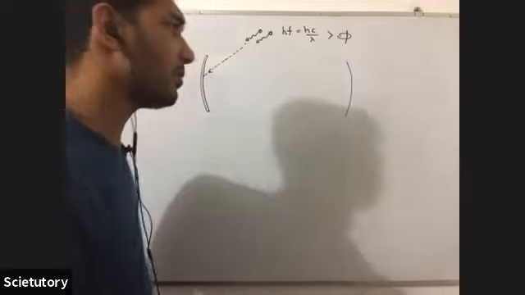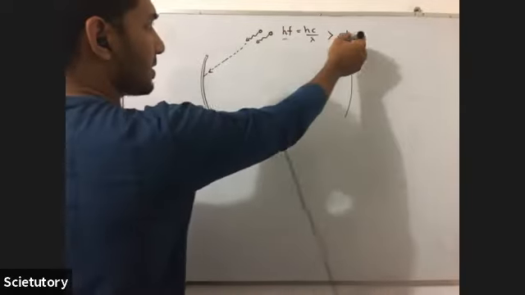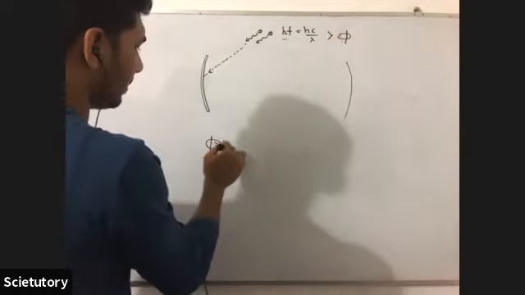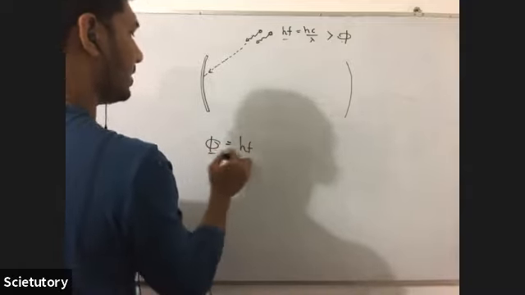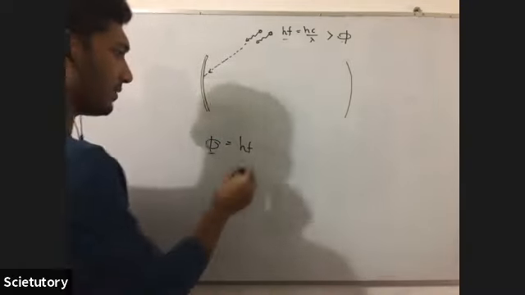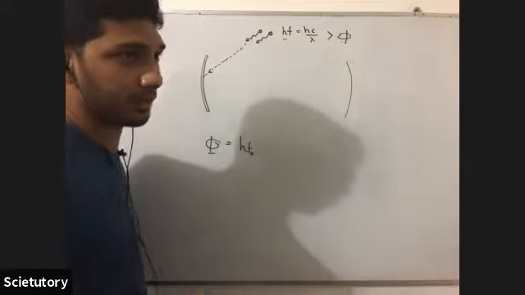Sometimes hf is equal to the work function. At that point, this frequency is called the threshold frequency.